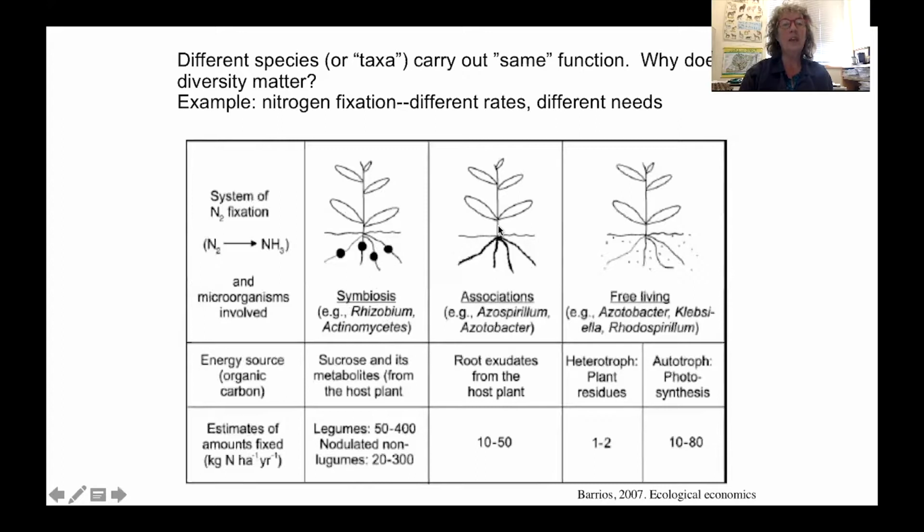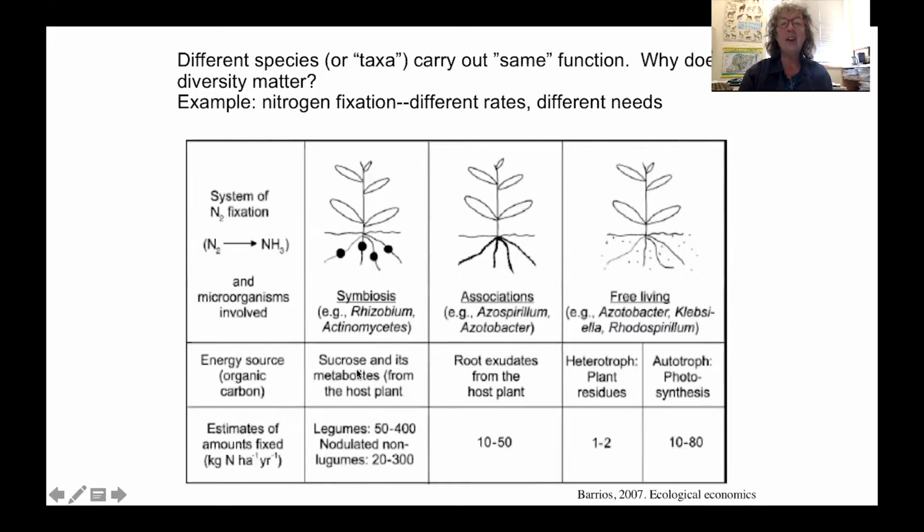There can be weaker associations between plants and organisms with associative nitrogen fixers like azospirillum, and then there's also free-living nitrogen fixers, those brave souls in the soil that are carrying out nitrogen fixation without having a plant directly provide them with the carbon and energy that they need to do it. So there's a variety of different ways nitrogen is fixed.